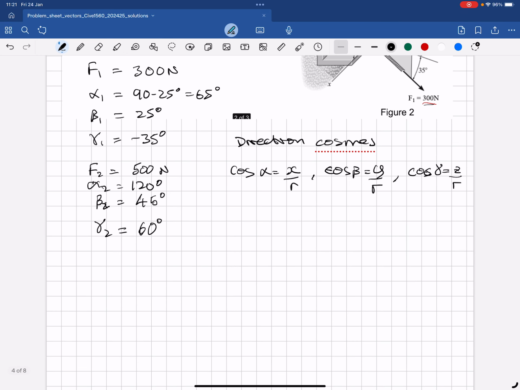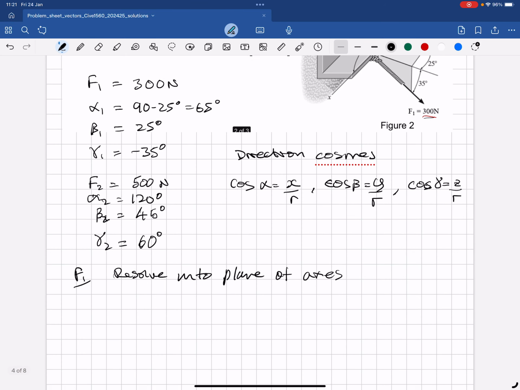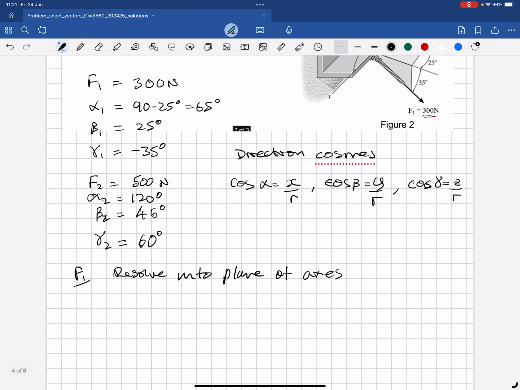Now, for F1, we're going to resolve into the plane of the xy axes, and then we're going to resolve into the axis that we need.